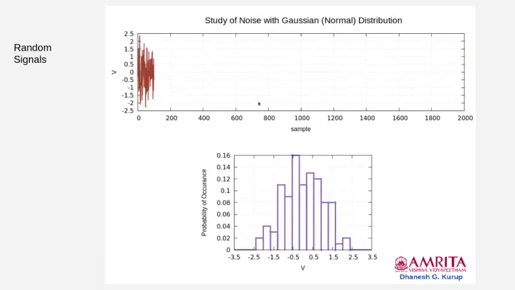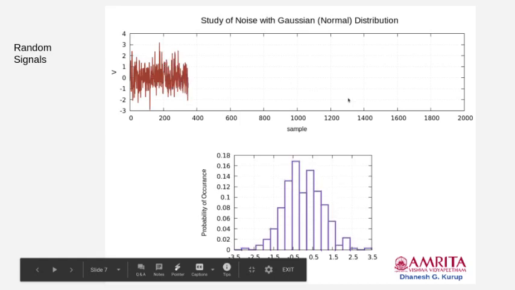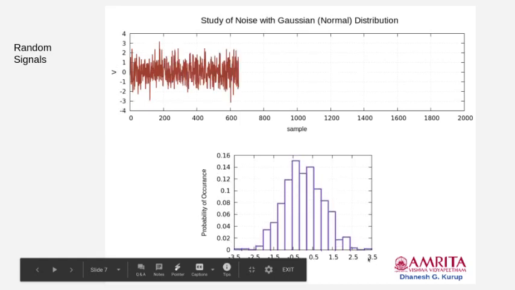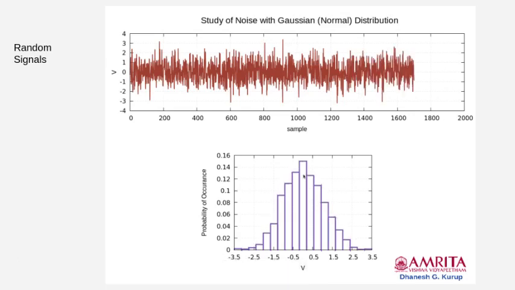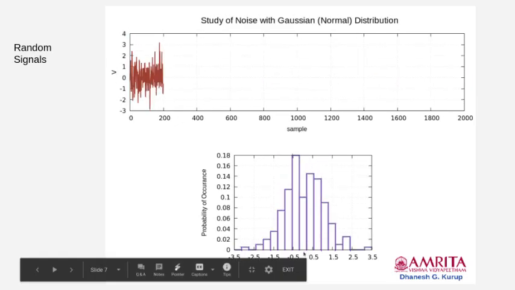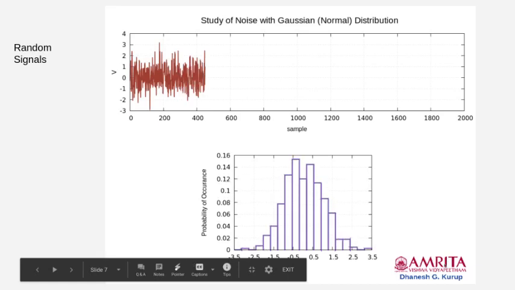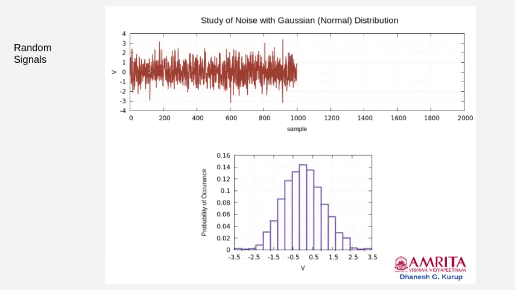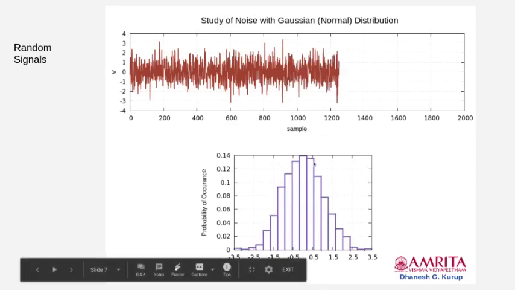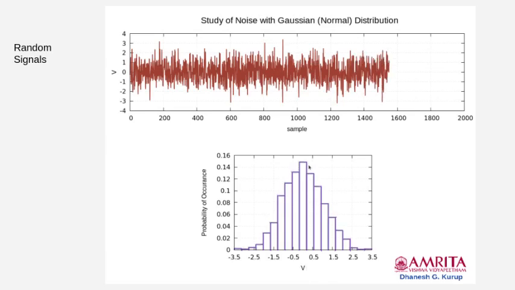For example, if a random sample falls between, say, minus 0.25 and plus 0.25, the counter of the central bin will be incremented by one unit. Likewise, I have divided the entire x-axis into different bins, and if the noise voltage falls into a particular bin, a counter will be incremented, and that is why the height keeps on increasing.